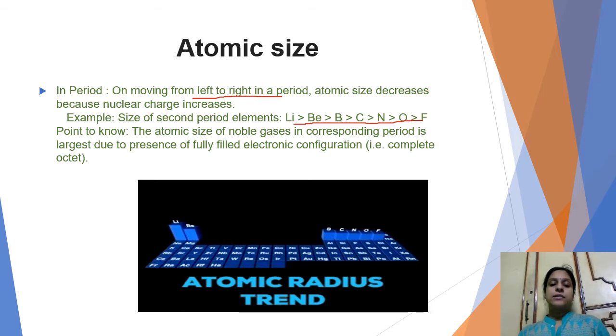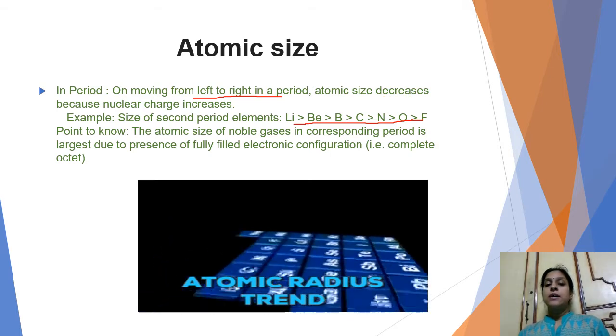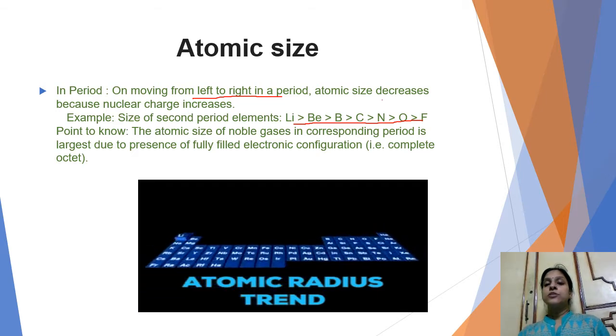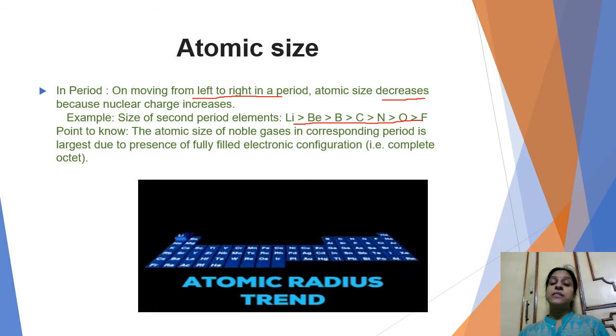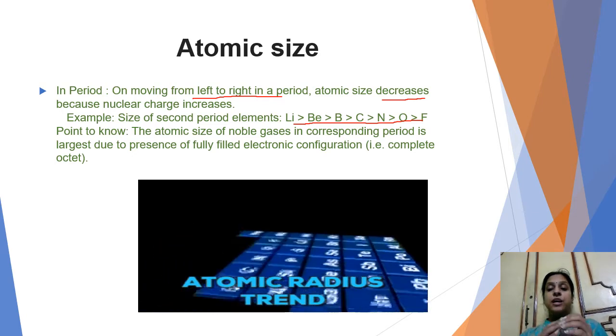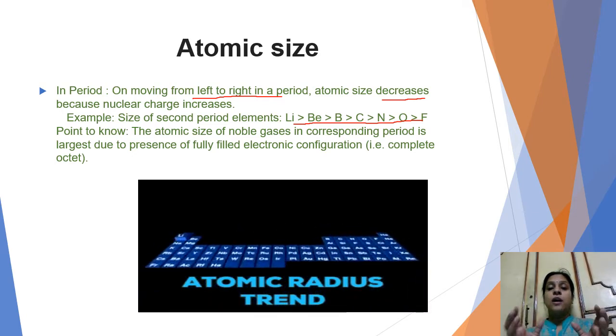Because in this case the nuclear charge goes on increasing, whereas the number of electrons increases but in the same valence shell. तो एक ही वैलेंस शेल में आपके इलेक्ट्रॉन्स बढ़ रहे हैं तो साइज रेडियस तो इंक्रीज कर नहीं रहा.